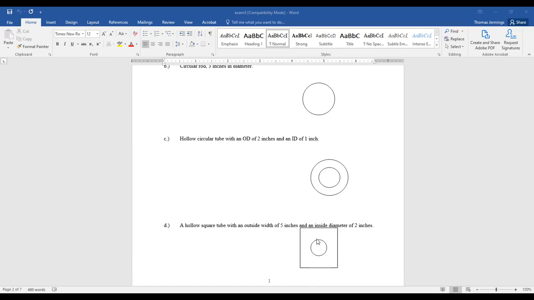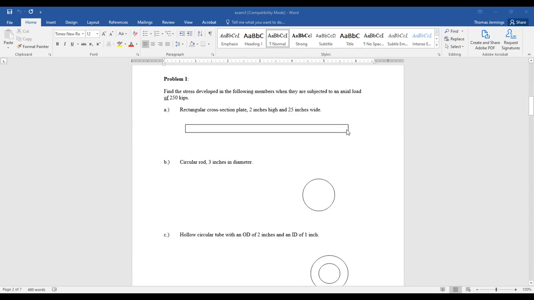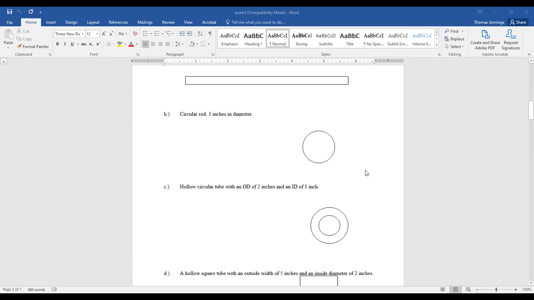When we're putting this in tension, we're pulling on the cross section that we see. So we're not pulling from the sides or anything like that. Don't make the mistake of thinking we're pulling 250 kips side to side here. It's 250 kips spread out over this cross-sectional area. So if you see a problem similar to that, make sure you're clear on what the cross-sectional area is.